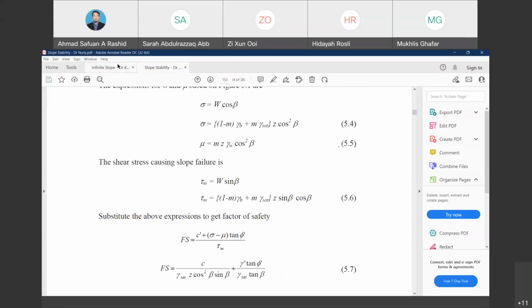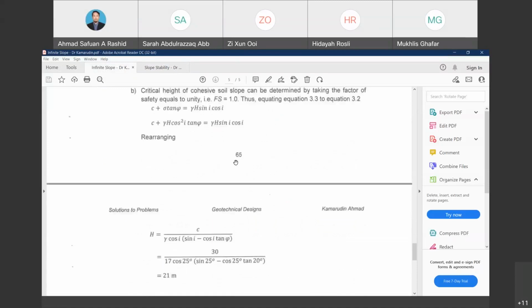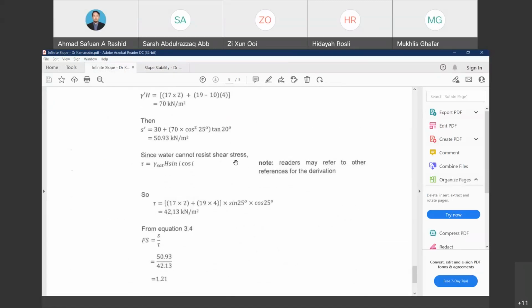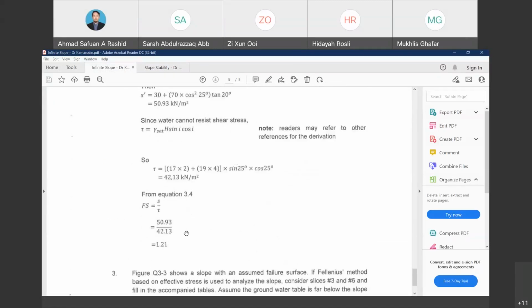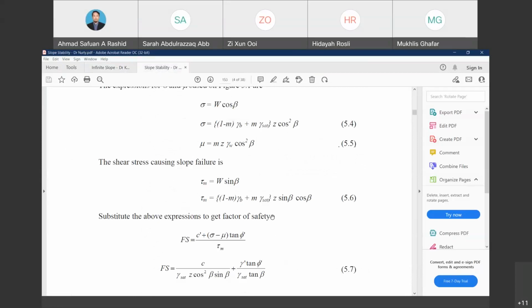So we obtain 0.95. Wait, it should be 1.21.